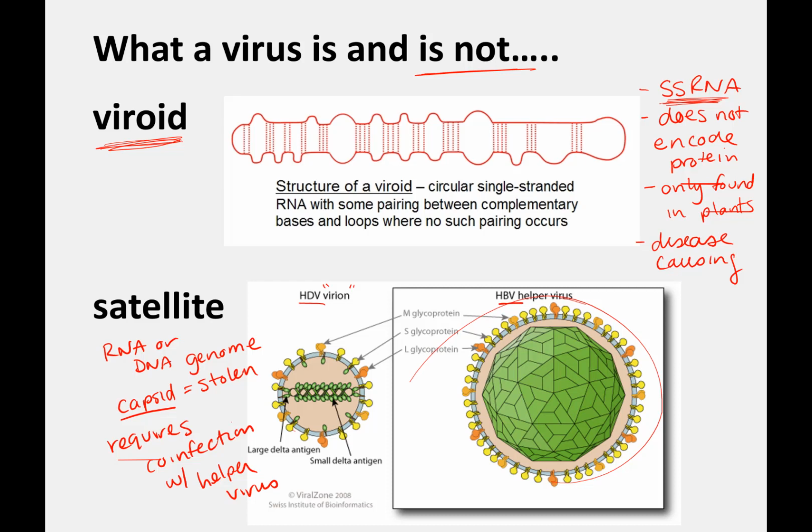Hepatitis D virus does not encode its own replication proteins, doesn't encode its own capsid proteins. So it's some genetic information that actually steals the coat and has to be infected with a helper virus. So these satellite viruses we're not really going to consider as viruses for this class.